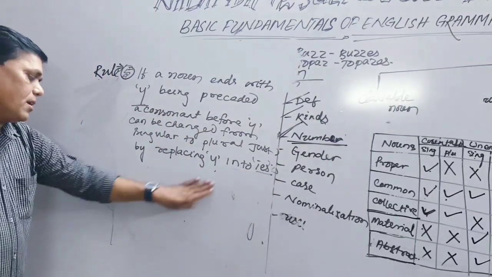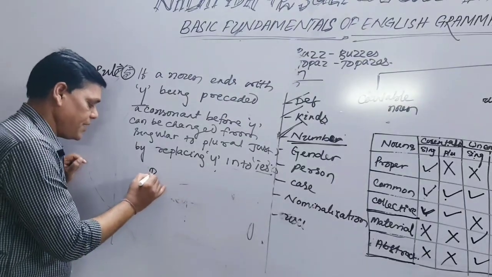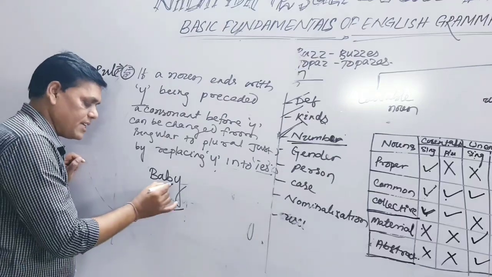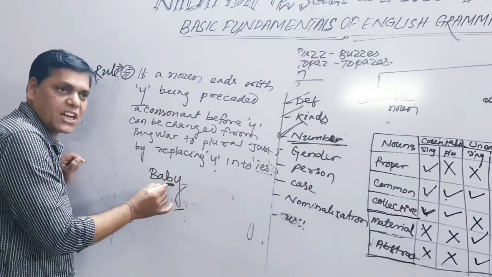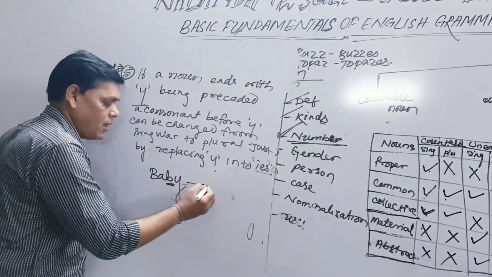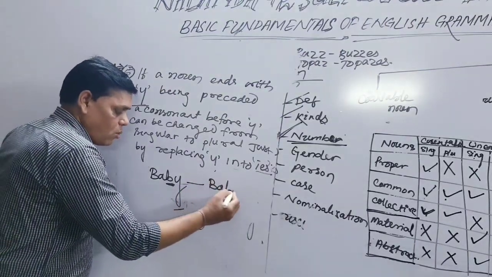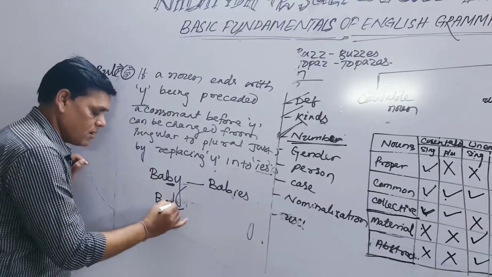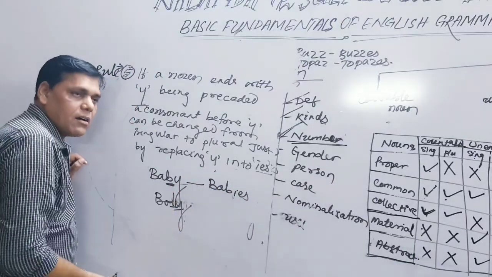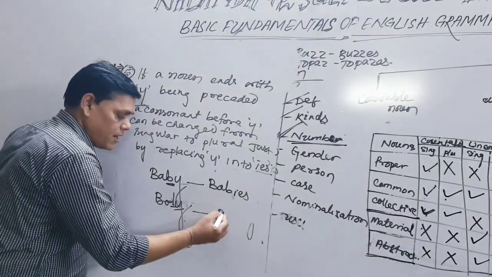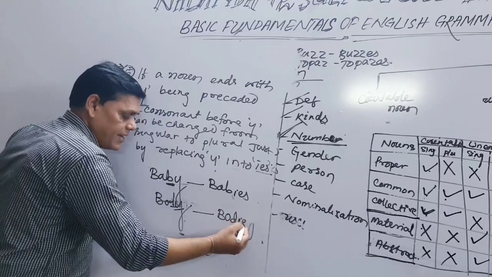For example, baby, B-A-B-Y. The last letter is Y, and Y is preceded by B. B is a consonant itself. That's why, while changing it from singular to plural, Y changes to IS. Body: D is the letter preceding the final letter Y, that's why body becomes B-O-D-I-S.